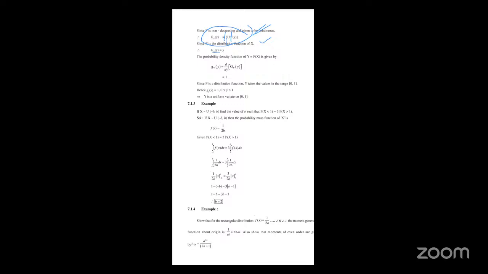So what it becomes? It is equal to y. So the probability density function of y is given by g of y equals d by dy of G of y, and we are getting it as 1. The value is equal to 1.